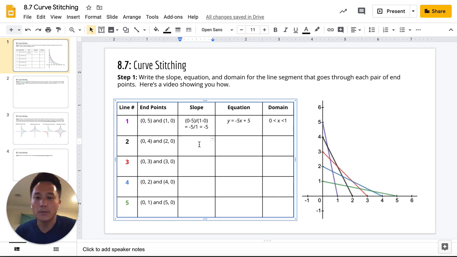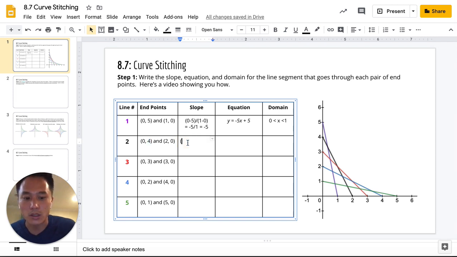Let's do one more. The endpoints. Now we're referring to this black line here, going from 0, 4, that's this point, to 2, 0, that's down here. So slope. First, I need the change in y. So y2 minus y1. y2 is 0, y1 is 4.